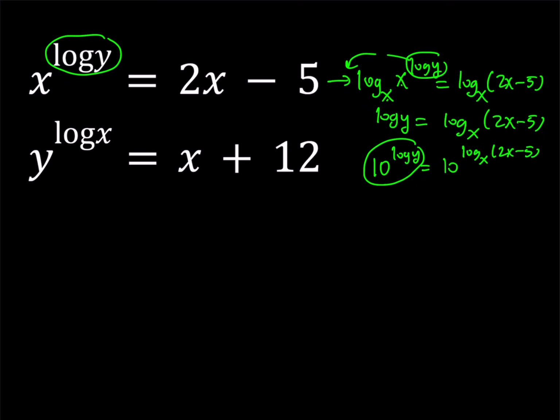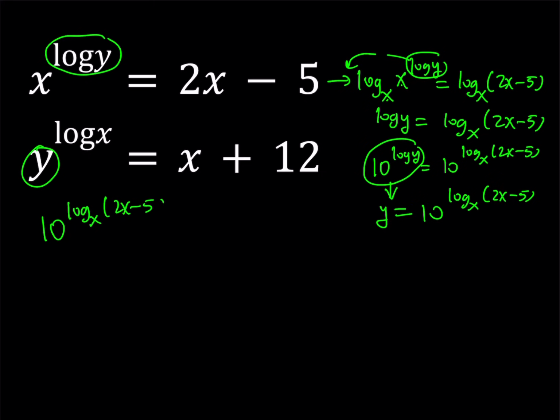Hopefully you know that the left side is equal to y. If you don't, we can kind of prove it, but I think you should already know that. So y is equal to 10 to the power log base x of 2x minus 5. Now I can just take this and replace it here, and that's going to give me something not so nice, 10 to the power log base x of 2x minus 5, and so on and so forth.